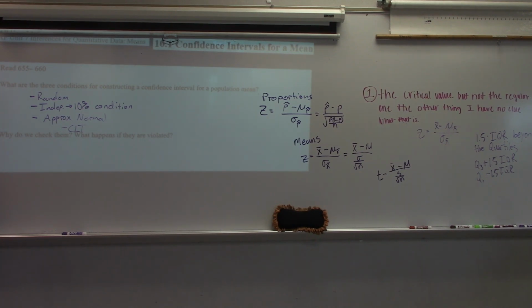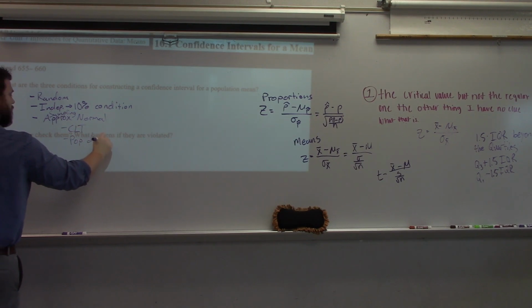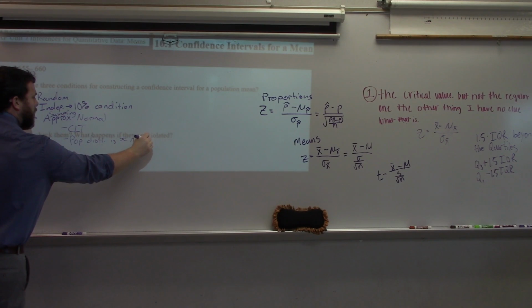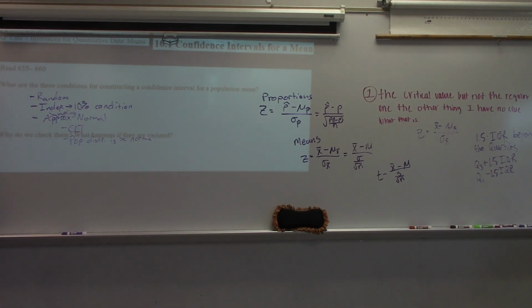Okay? What else can guarantee my sampling distribution is approximately normal? The population distribution is approximately normal. But if we knew what the population distribution was, would we really need to do these inferential statistics? No.